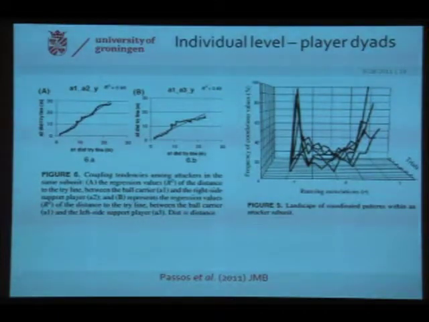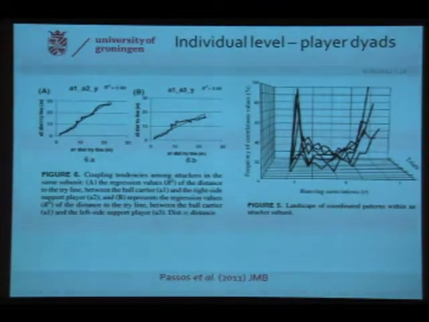So at the individual level, this is a very nice paper recently by the Portuguese researcher Pedro Passos. Here he showed that two individual players synchronize their actions, or the opposite, don't synchronize their actions. I want to highlight this particular graph.